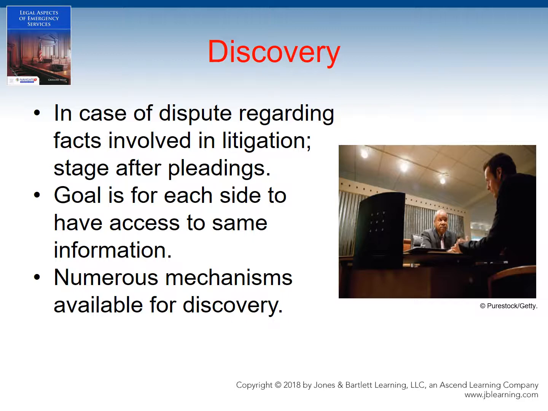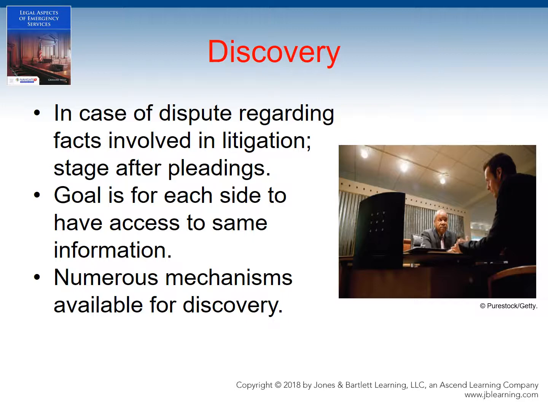Depositions are also used routinely to obtain the testimony of expert witnesses. In the case of a medical malpractice lawsuit against an EMS agency, for example, the plaintiff may conduct a deposition of a physician considered to be an expert on the subject related to the lawsuit to allege some type of error on the part of the EMS agency to a reasonable degree of medical certainty, thus establishing the EMS agency's liability for the damages suffered by the plaintiff.